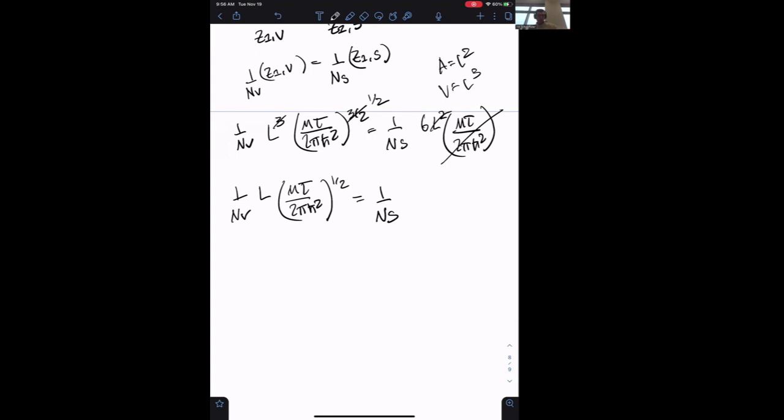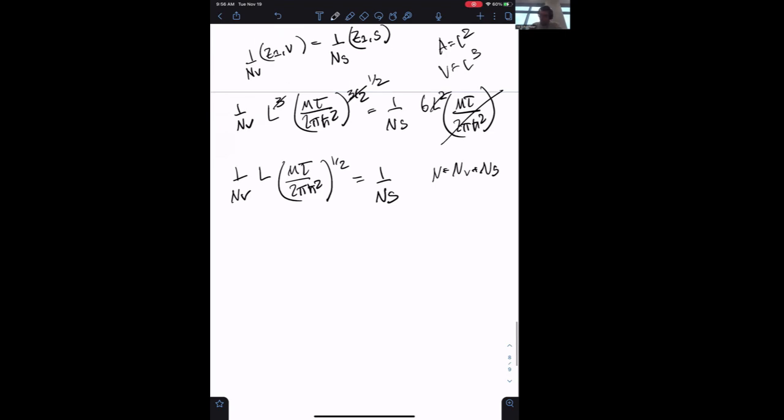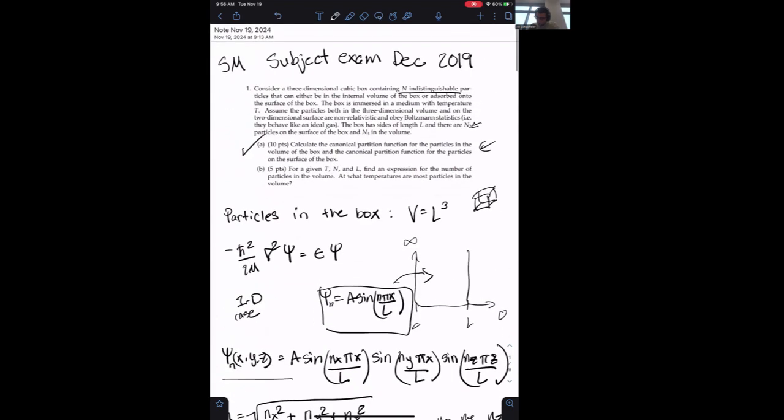That's almost done now. The total number of particles in the volume and surface is a constant, of course. And we're solving for the number of particles in the volume.